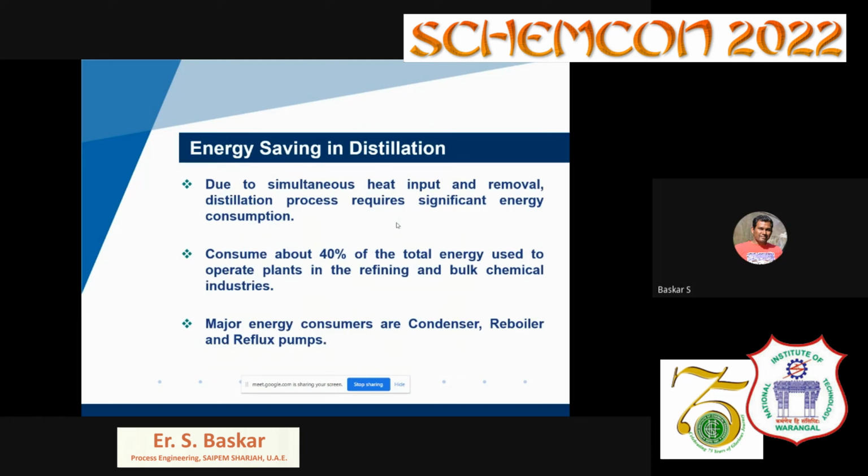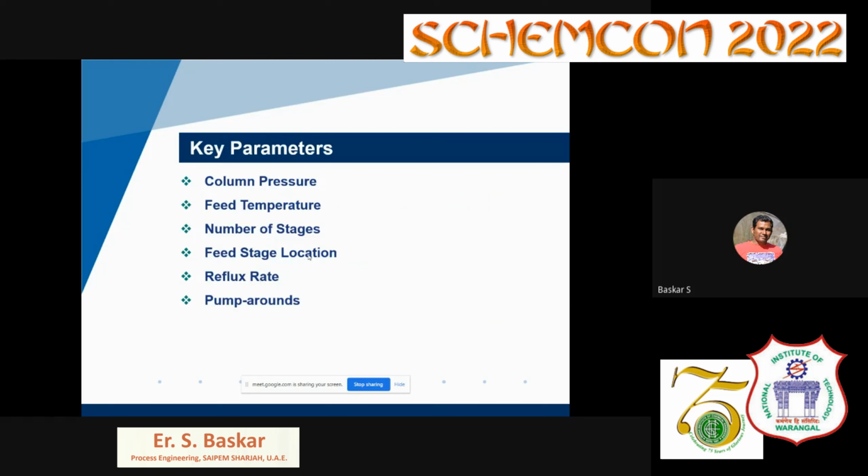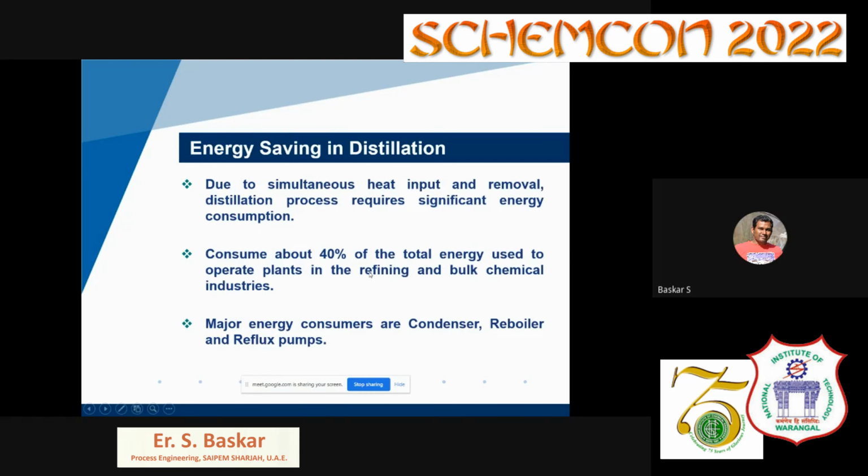In refining and petrochemical industries, almost 40% of the total energy is utilized in the distillation column itself. So when we optimize the energy consumed in distillation, we can decrease the total energy consumed in the overall plant itself. As I explained, the major energy consumers are the condenser, reboiler, and the reflux pumps.